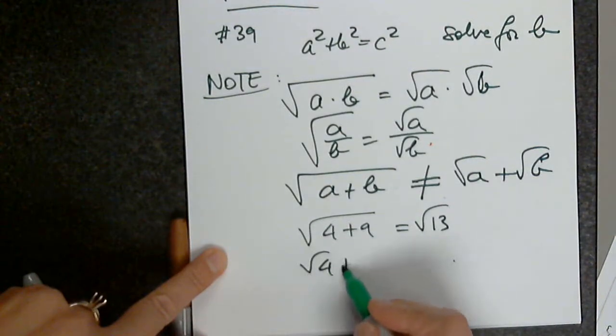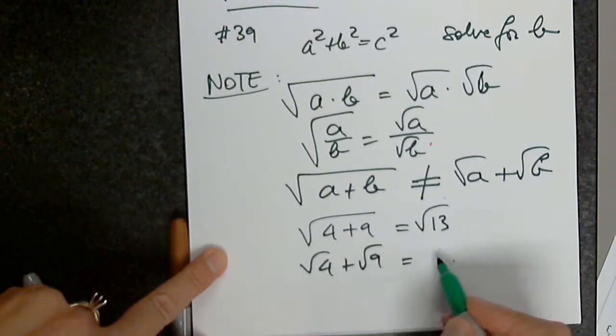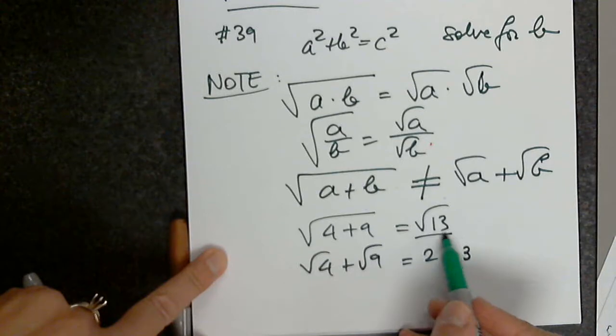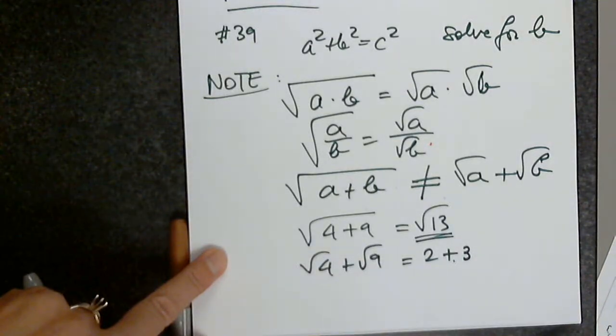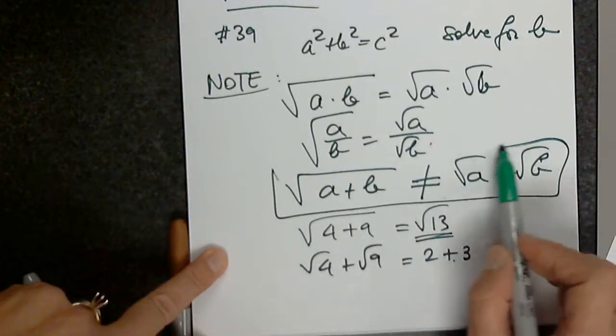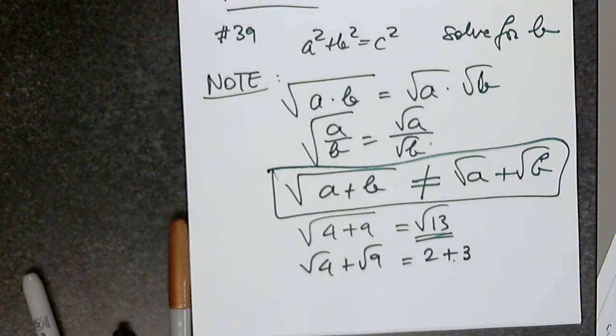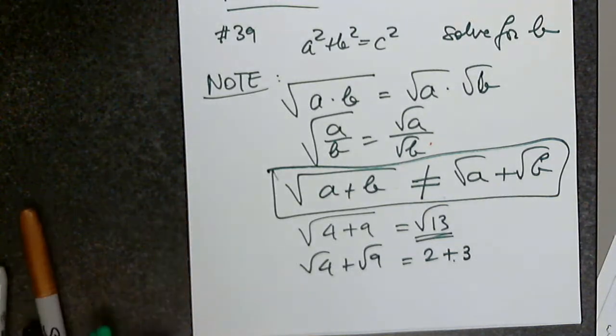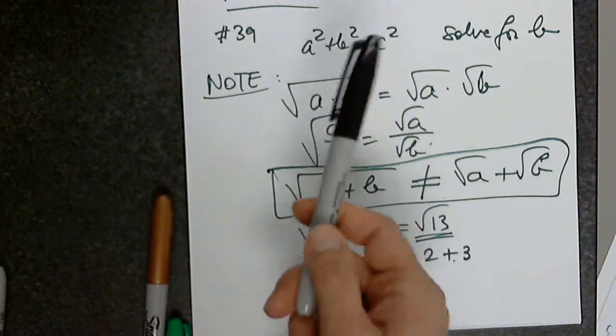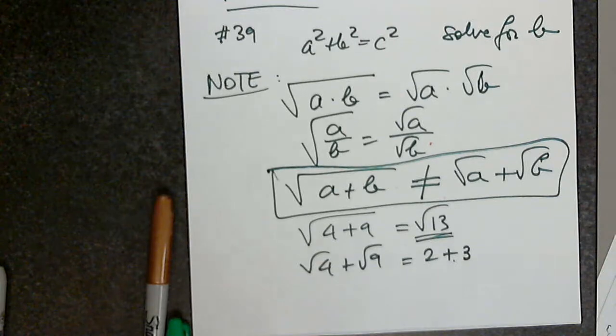So the square root of 4 plus the square root of 9 equals 2 plus 3. It does not equal the square root of 13. So please remember these rules. The square root of a sum or difference does not equal the sum or the difference of square roots. So there must be something else I need to do here then.